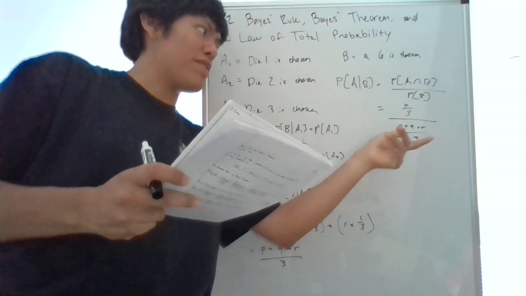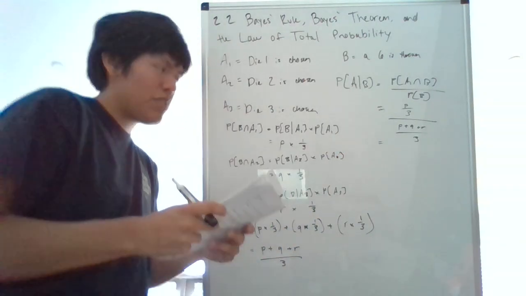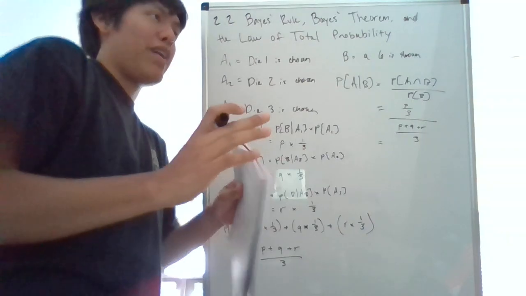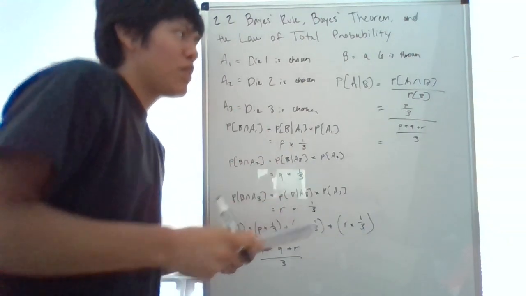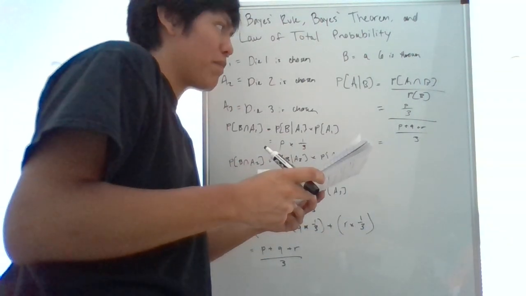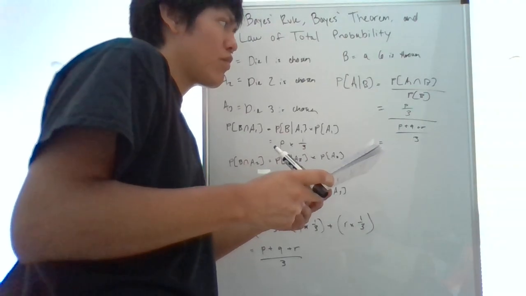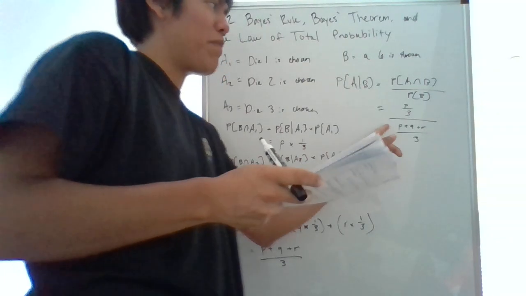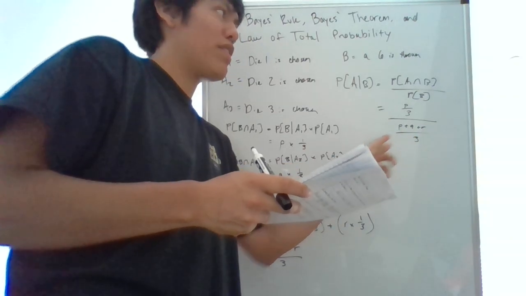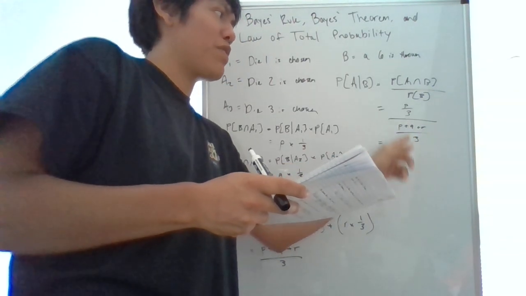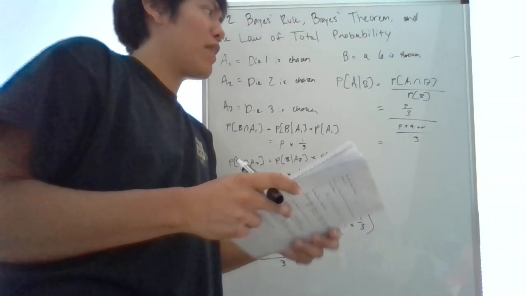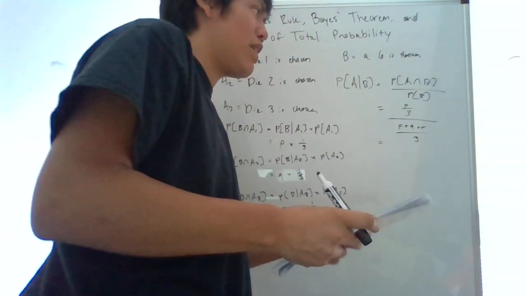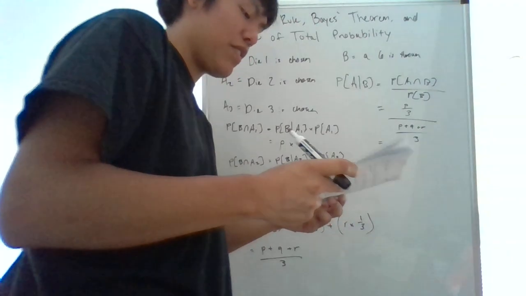How about instead of flipping them, we just multiply each thing by 3, so we can get rid of the 3 in the denominator.